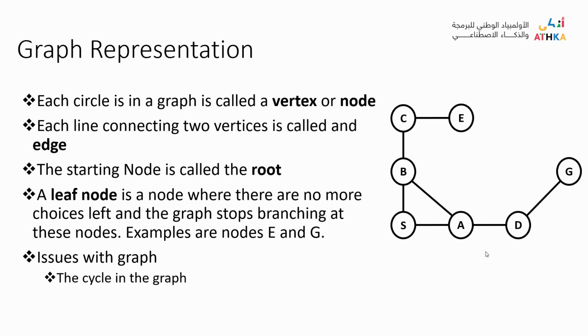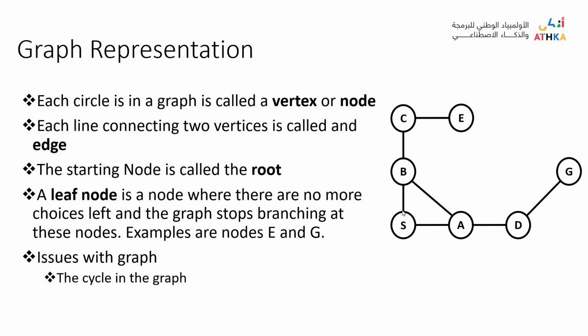Now, although this is a powerful structure, if we are talking about search problems where you want to search, one thing that we would like to avoid is having loops. And notice over here, from S to A to B to S, this is creating a loop.